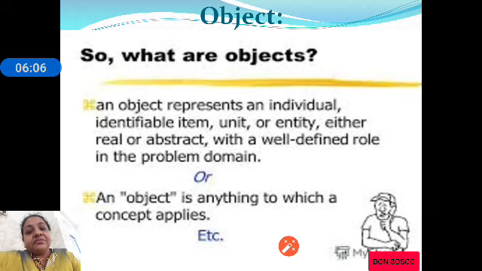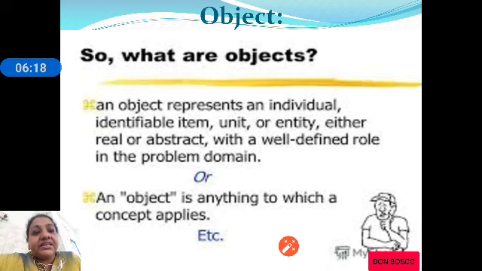Whichever entity we decide to write the program about will become the object. We can conclude that an object is anything to which a concept applies. Example, student, employee. If you are processing the salary statement for an employee, employee will become an object. If you are processing inventory for a library, the book or the price will become an object.